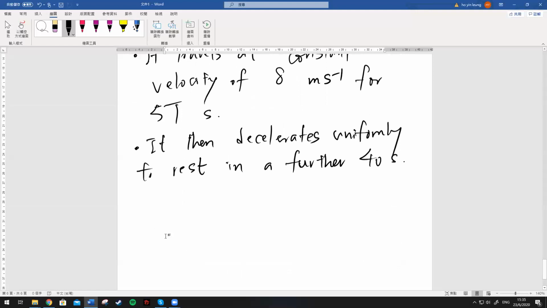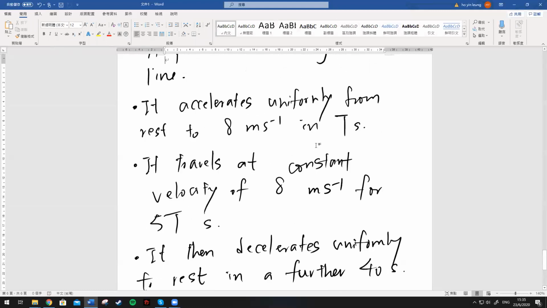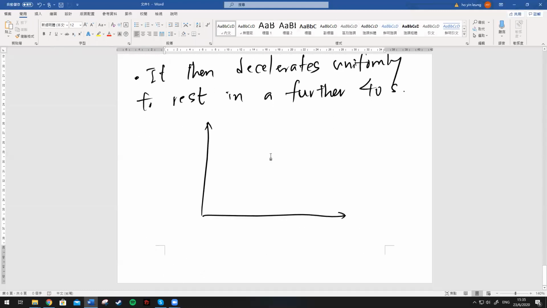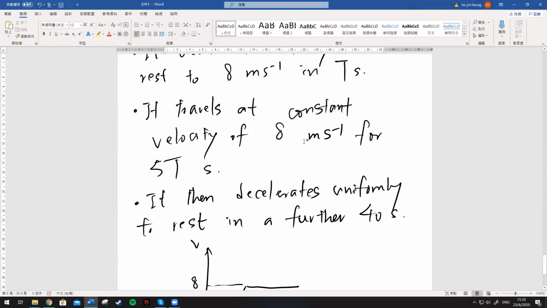So the VT graph should be similar to the one I've drawn previously. First of all, it accelerates for t seconds, so it looks like this, with t here and 8 here. This is velocity, this is time. Then it becomes flat because it travels at a constant velocity.